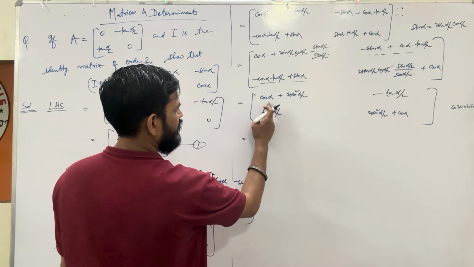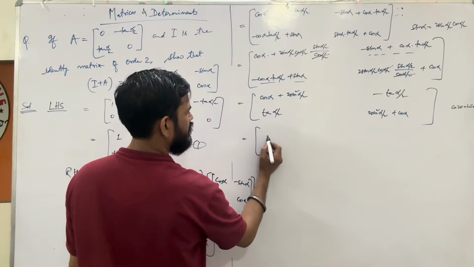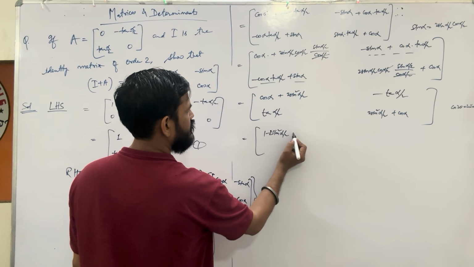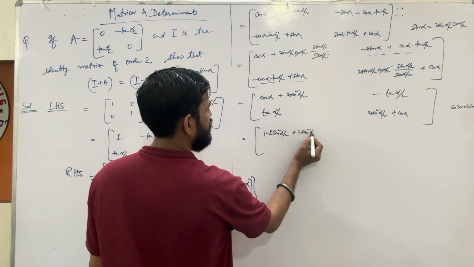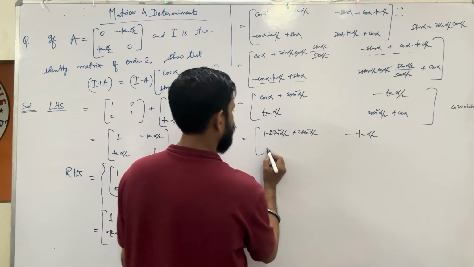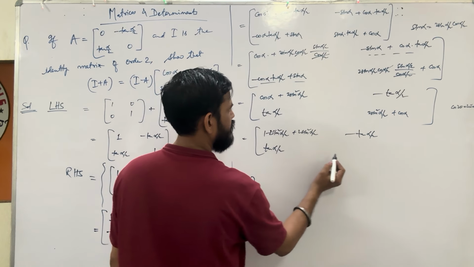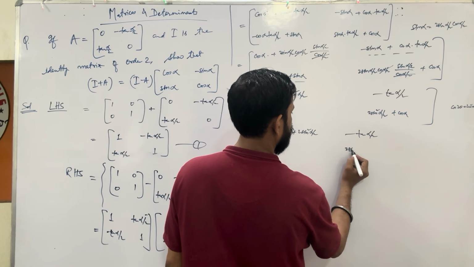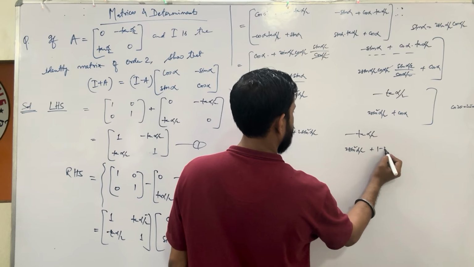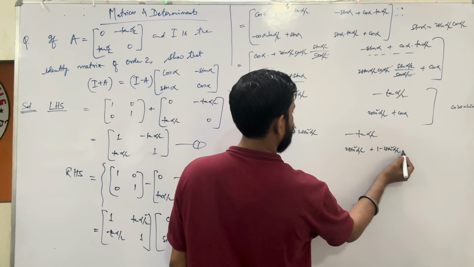Now we'll use the half angle formula again here, cos alpha is 1 minus 2 sine square alpha by 2. We have minus tan alpha by 2, 2 sine square alpha by 2, plus 1 minus 2 sine square alpha by 2.